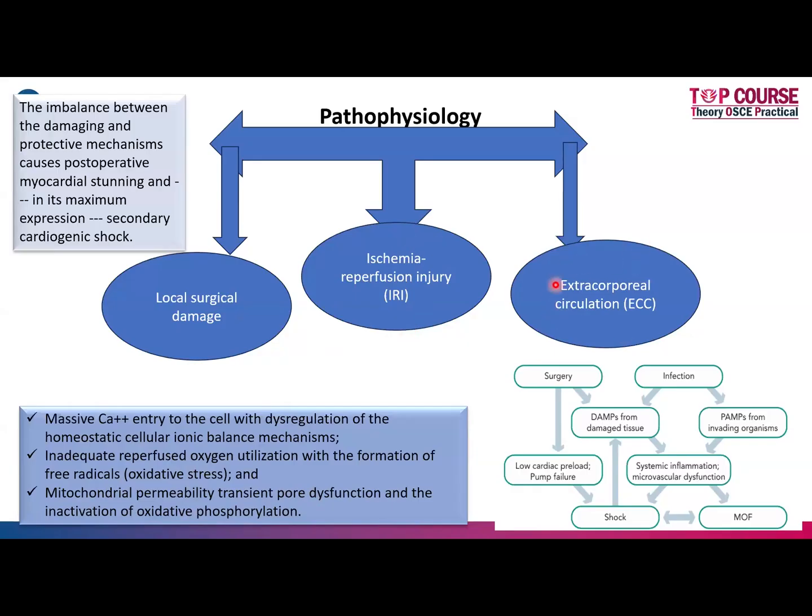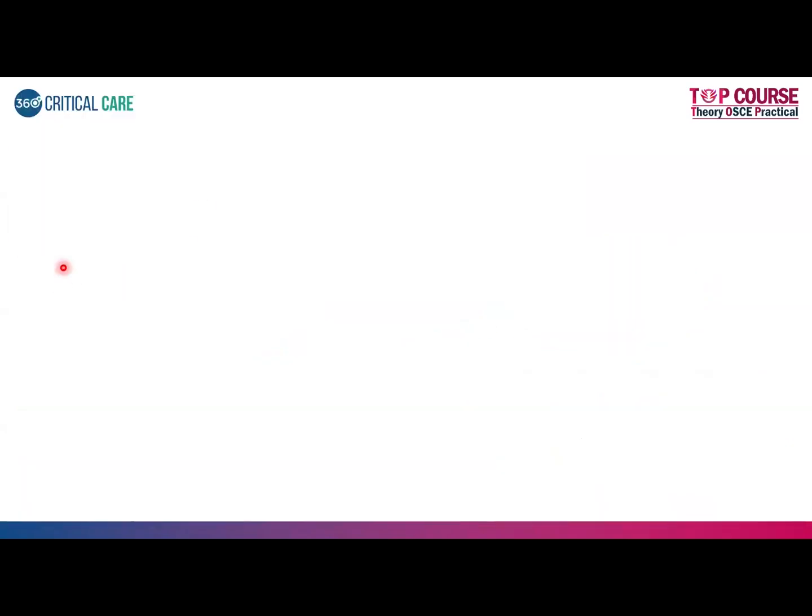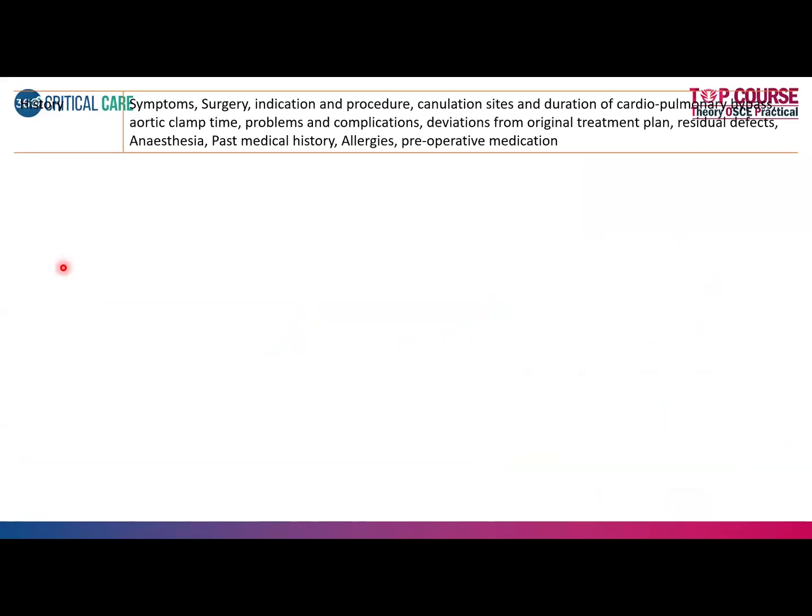And last but not the least, we have the extracorporeal circulation, which itself can cause some amount of microvascular dysfunction. The imbalance between the damaging and the protective mechanisms causes postoperative myocardial stunning, and it maximally causes the secondary cardiogenic shock.